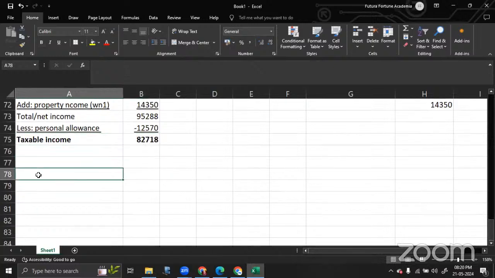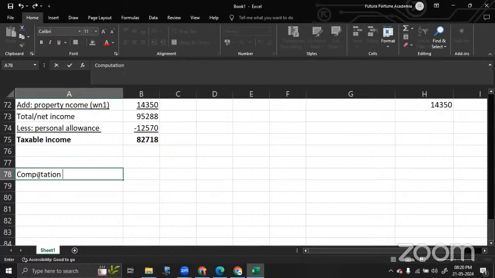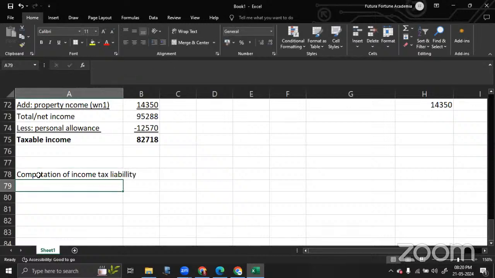Then next thing is, once you get your taxable income, it is computation of income tax liability.